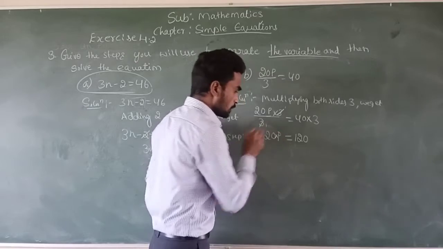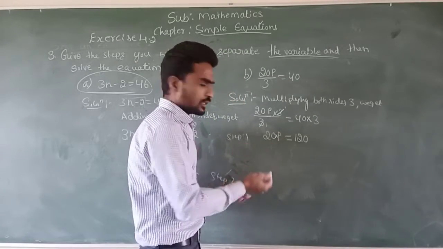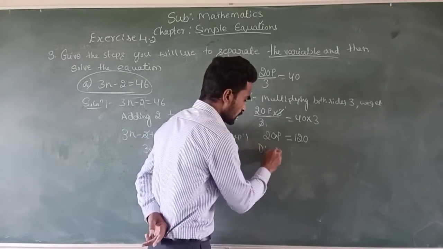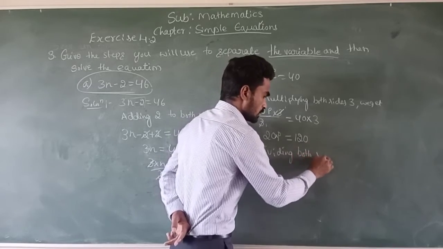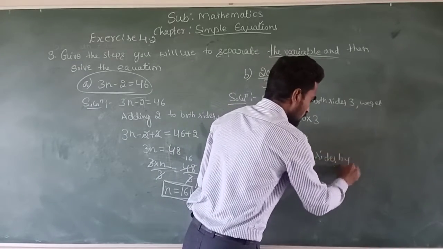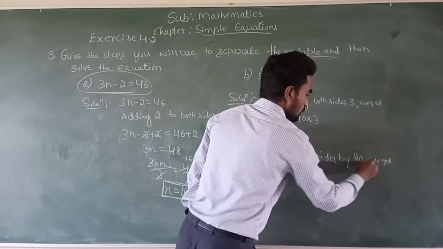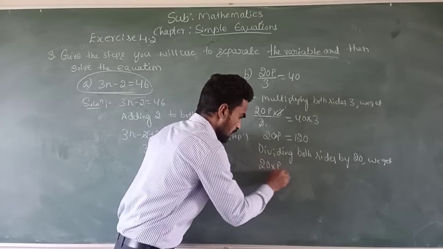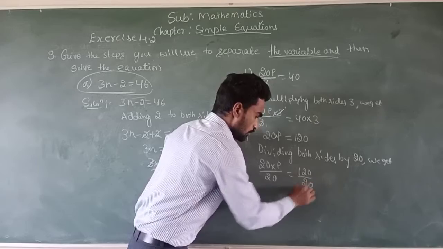For cancelling this 20, we can divide both sides by 20. 20 into p divided by 20 is equal to 120 divided by 20.